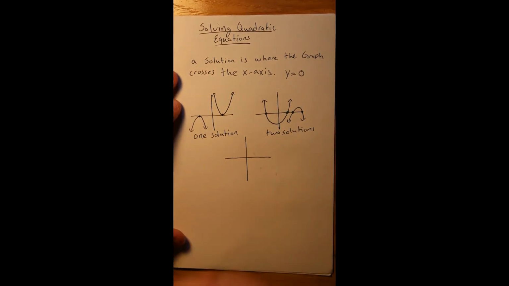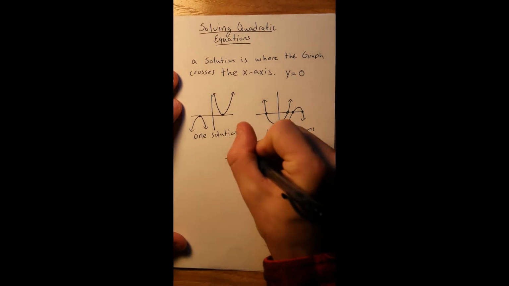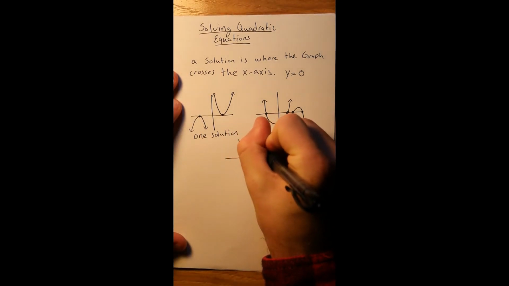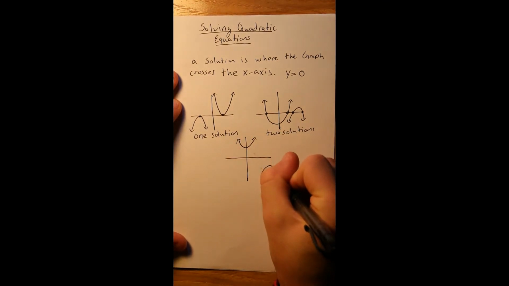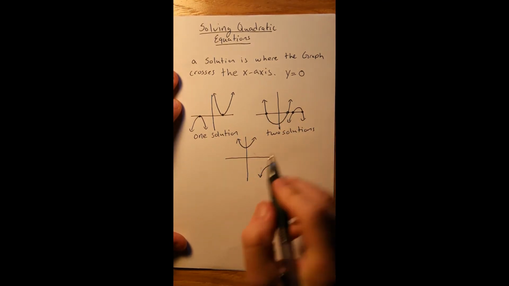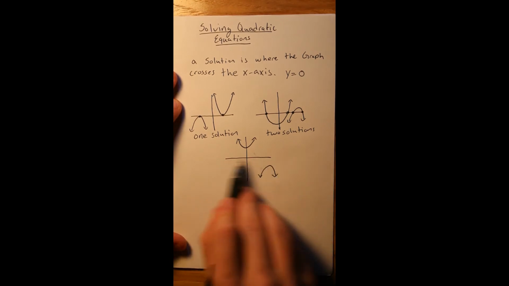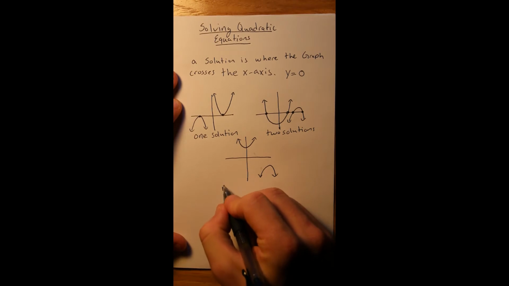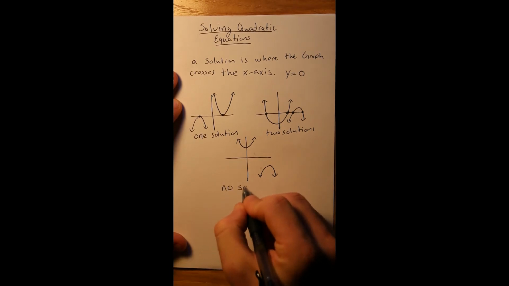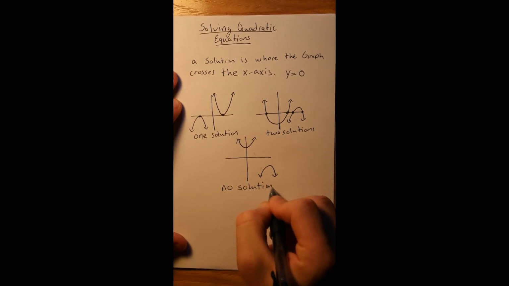Now, the third option must be one that looks like this, or something like this, where it never crosses that axis. So if it never crosses, then that's just simply no solution.